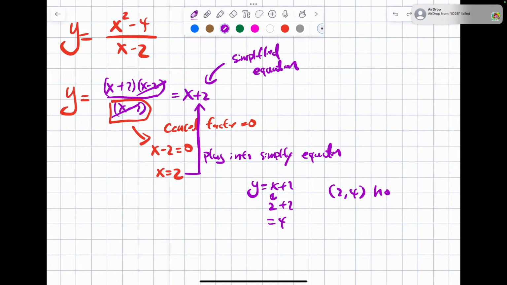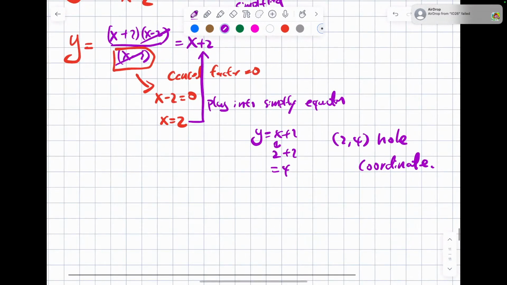The location of this hole is very important. So I need you to find the coordinate of the hole on the test. In order to find the coordinate of a hole, you take a canceled factor, you set it equal to 0, and then you plug into the new simplified equation to find the y coordinate. Okay, so you got a hole.